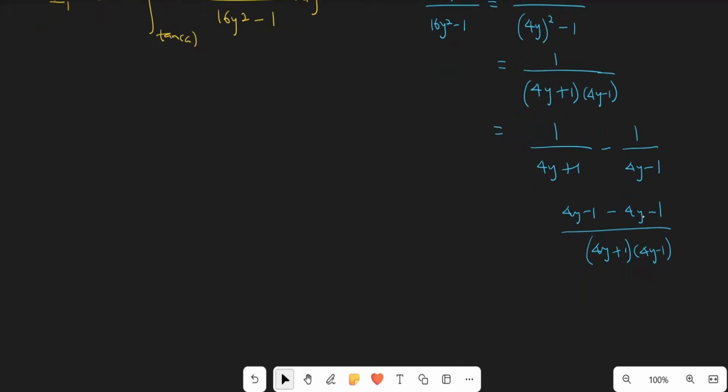And now you see that this and this one will cancel, and you are left with negative 2. So what I can do is to multiply this one by negative 1/2, right? So when I multiply this one by negative 1/2, then I will have 1 all over the denominator, right?